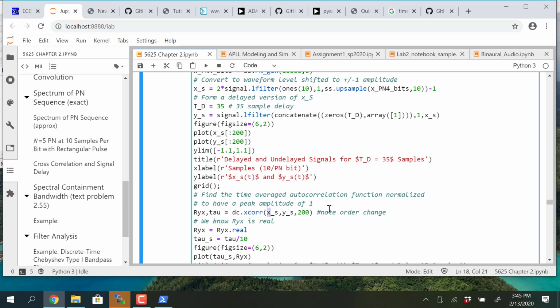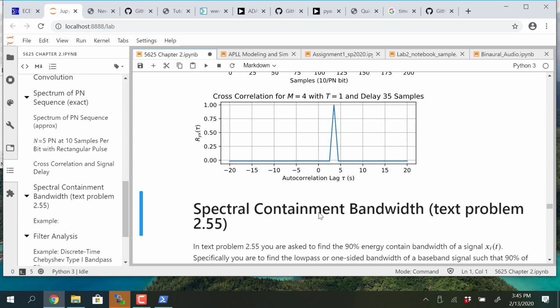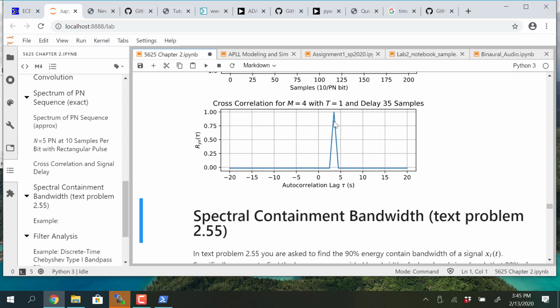But if I do it the more logical way, I'll take Y, which is my return or echo return, and correlate it with X, and now the cross-correlation triangle shape that we've seen before comes back delayed in time. That would be the physical scenario if we are trying to measure round trip delay to a target or something.